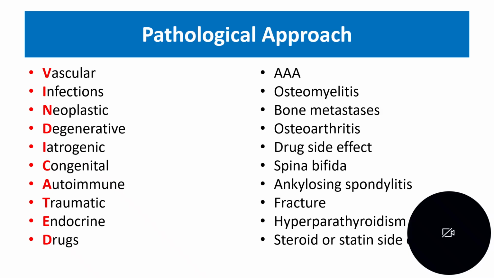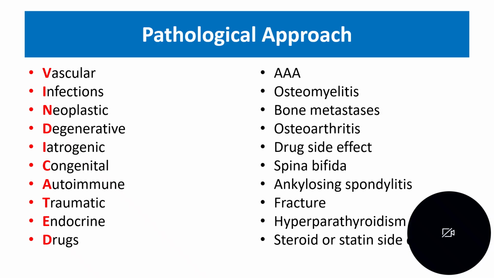E, iatrogenic. Is your back pain as a result of some intervention by a medical doctor? C is for congenital. Could you be having, at age 40, spina bifida, which is usually asymptomatic, but as you get older, may become symptomatic in a small percentage of patients. A is for autoimmune. Do you have ankylosing spondylitis? T is for traumatic.